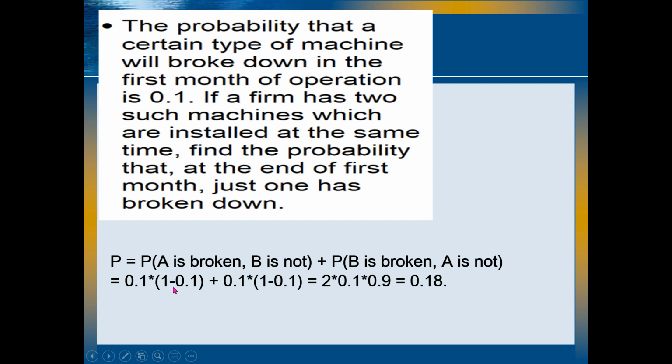So 0.1 into 1 minus 0.1 plus again 0.1 into 1 minus 0.1, because machines A and B are identical in terms of their probability of breaking down. So this 0.18 is the probability that at the end of the first month just one has broken down, right?